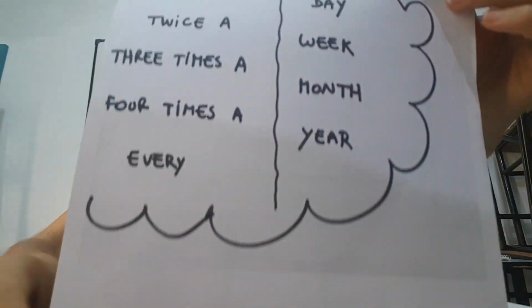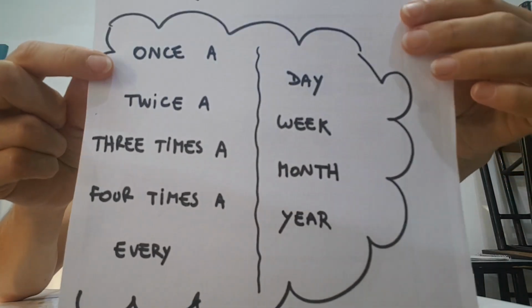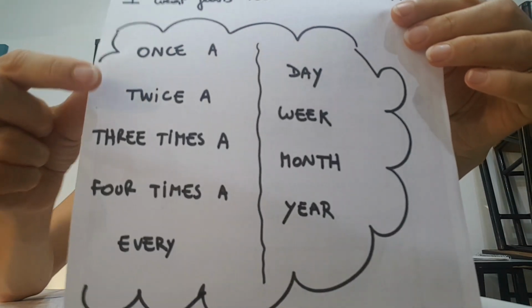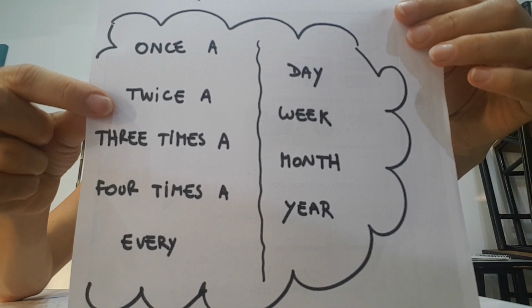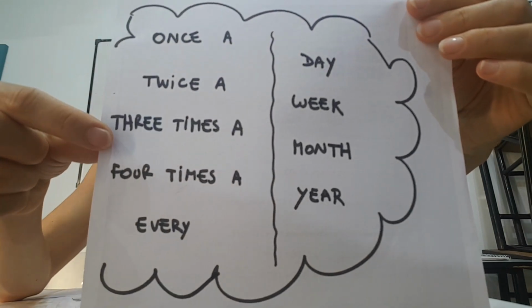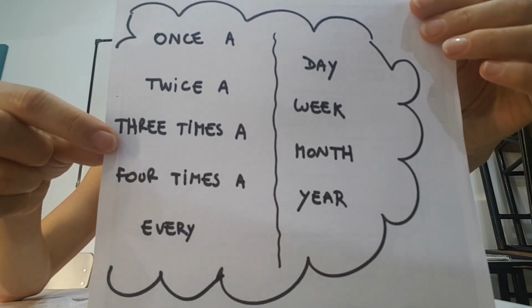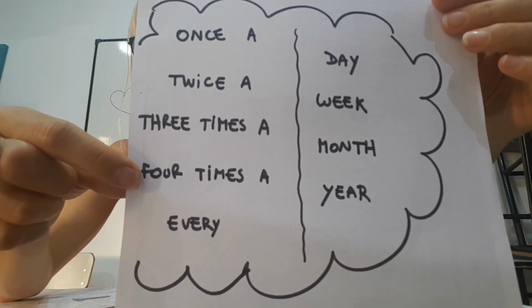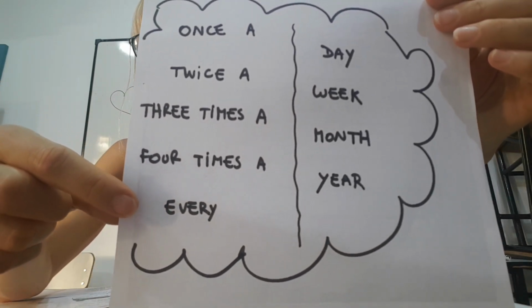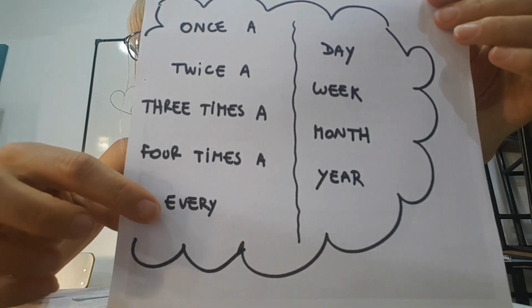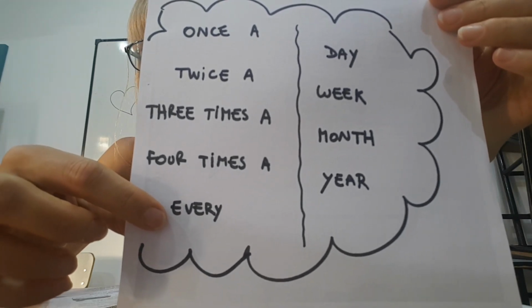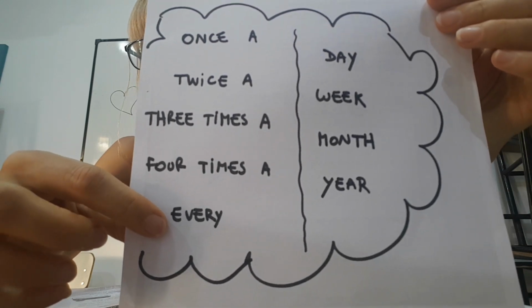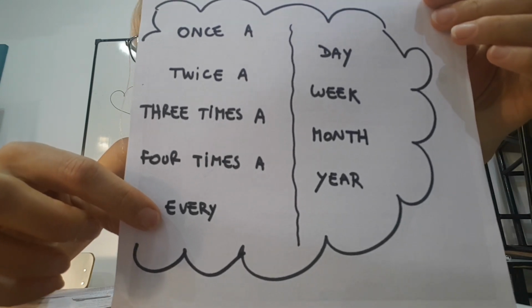To express frequency, I can use the word once, una vez, twice, 2 veces, 3 times, 3 veces, 4 times, 4 veces, y así puedo seguir 5 times, 6 times. Or I can say every. For example, every day means todos los días.